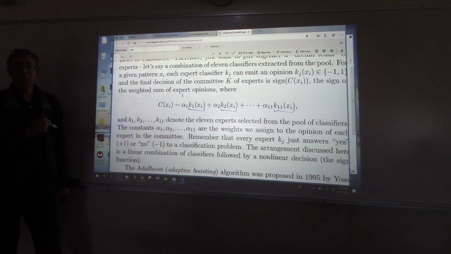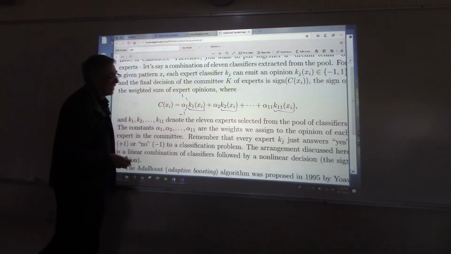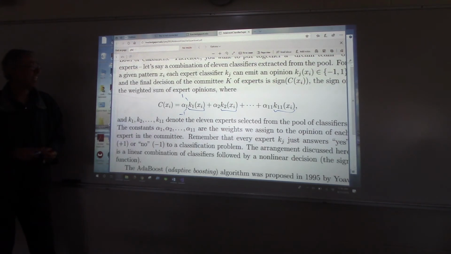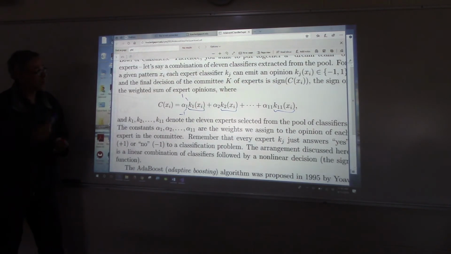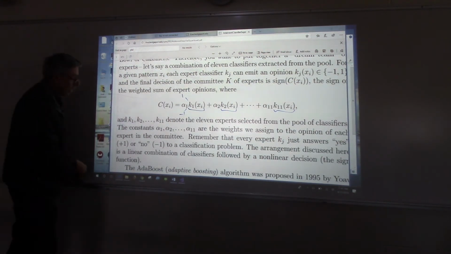If team 2 will win, can you guess? 0? No, -1 in this algorithm, okay? Because that's how the equations are set up, as you will see. So once again, 1 or -1, as you can read later, is the answer from each expert.